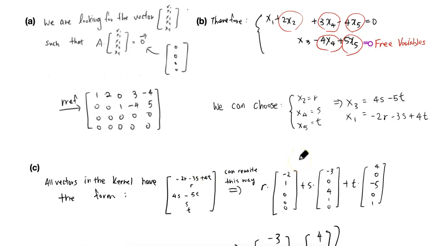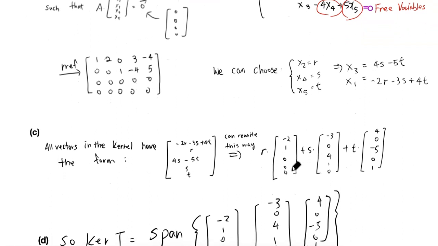our kernel is actually made of all combinations you can come up with of the vectors negative 2, 1, 0, 0, 0; negative 3, 0, 4, 1, 0; and 4, 0, negative 5, 0, 1. So these vectors, which did not appear originally in the matrix, unlike for the image, are essential vectors.